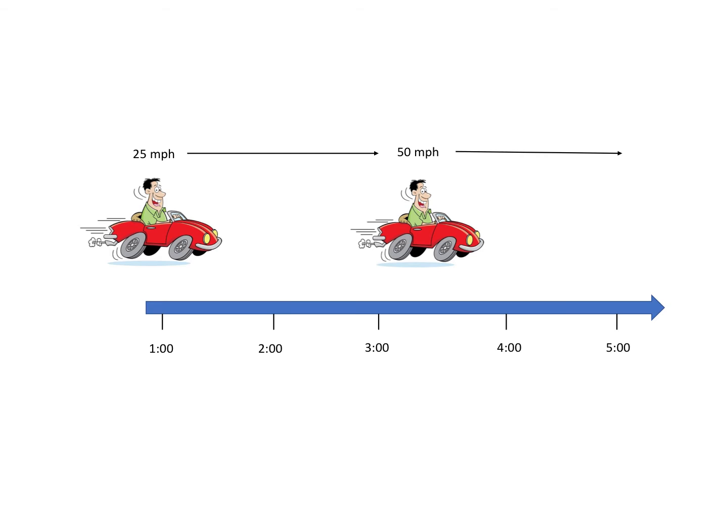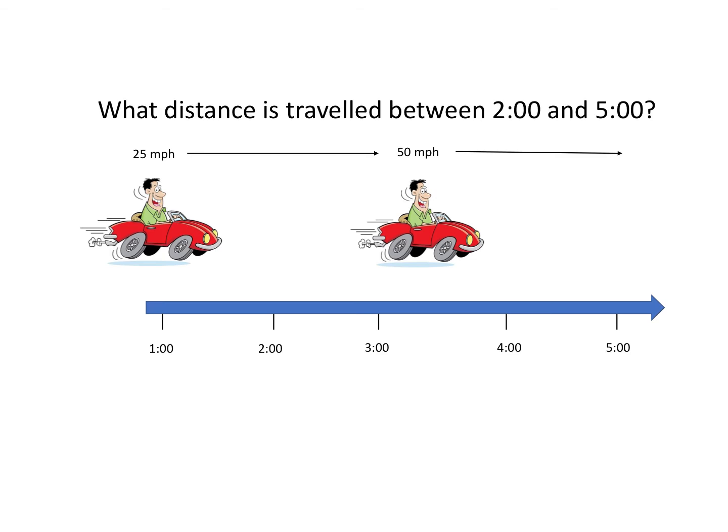Then at 3 o'clock, he instantaneously increases his speed to 50 miles per hour and continues going at a constant speed of 50 miles per hour until 5 o'clock. So we would like to know what distance is traveled between 2 o'clock and 5 o'clock.